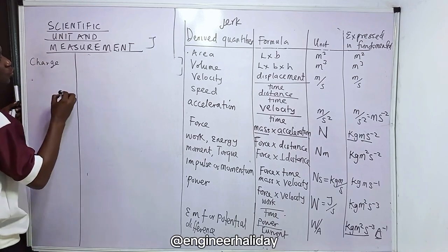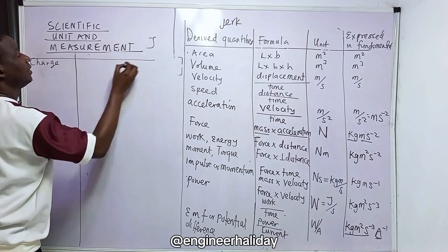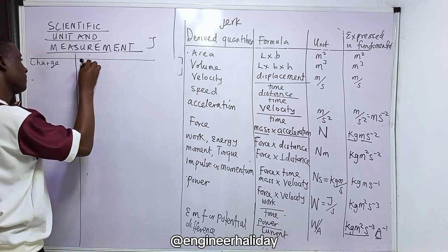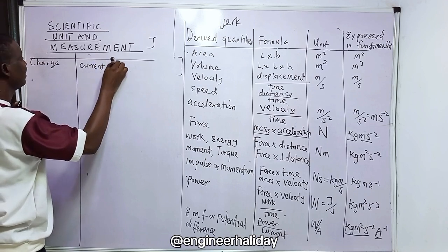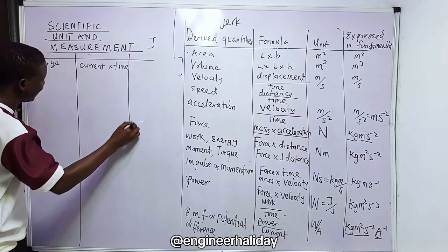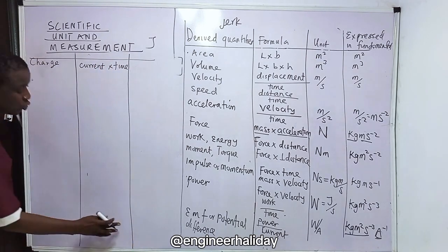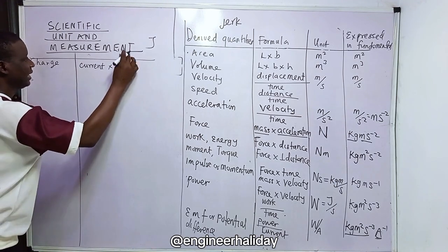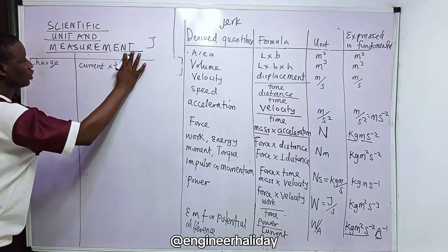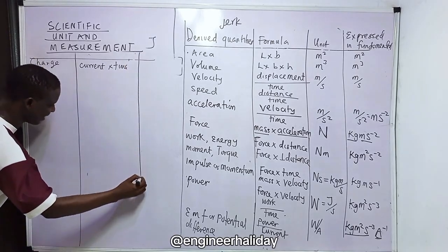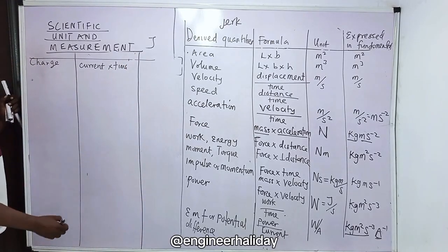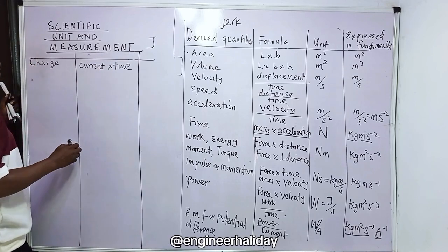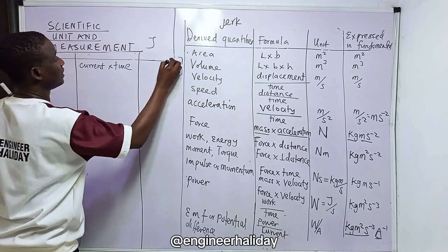The formula for charge is current times time. Don't forget that charge, electric charge, is a derived quantity, not fundamental, while current is fundamental.